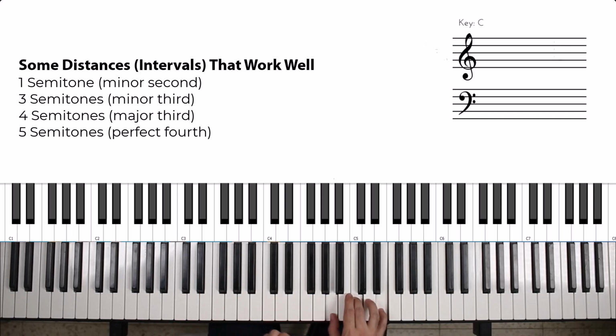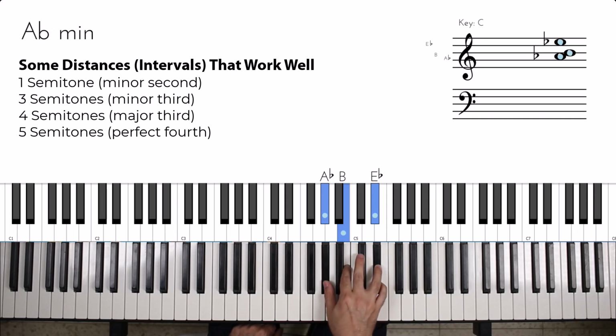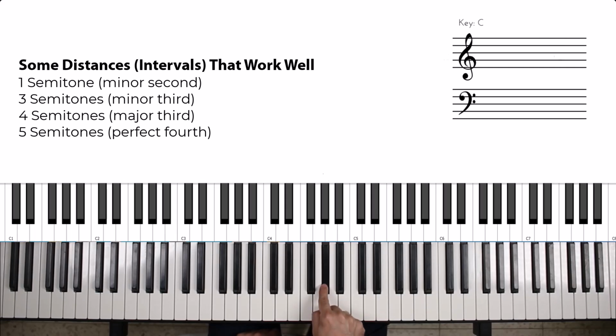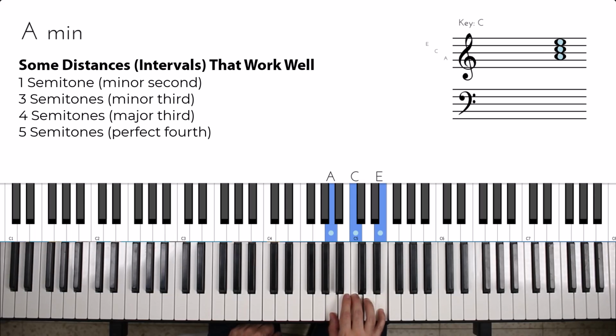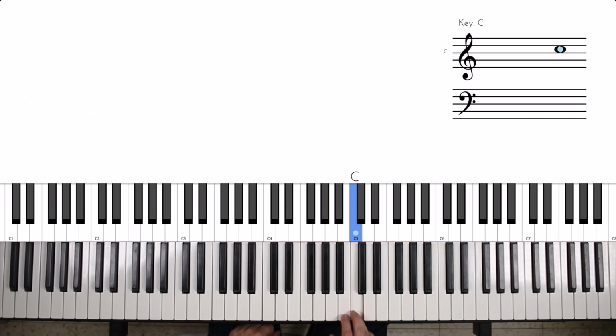So for example, from A minor to an A flat minor, it's just moving down one semitone. So that's a chromatic motion. Let's say you want to move up three semitones from an A minor to a C minor.